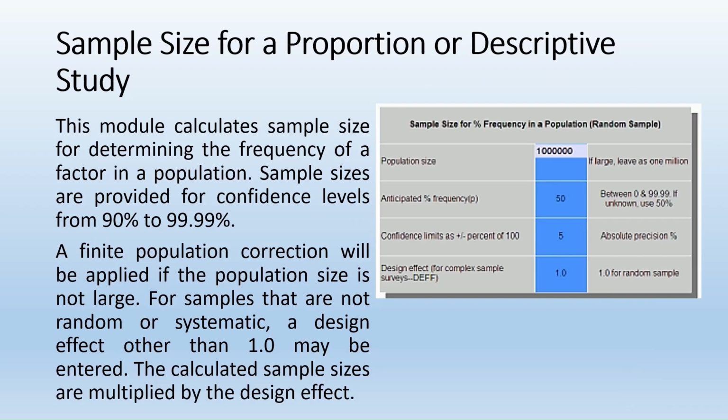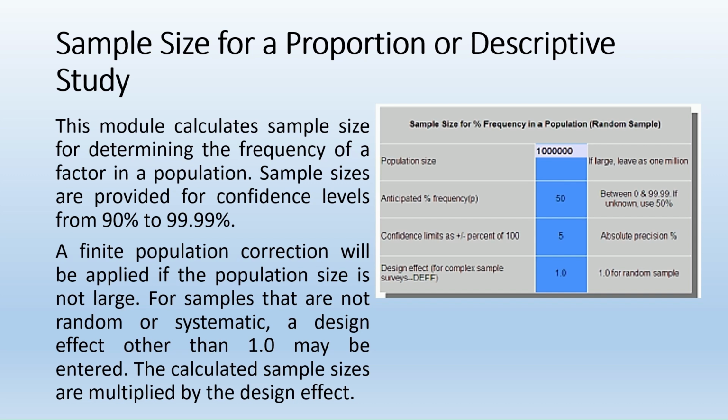The first one is sample size for a proportion or descriptive study. This model calculates sample size for determining the frequency of a factor in a population. Sample sizes are provided for confidence levels from 90% to 99.99%.